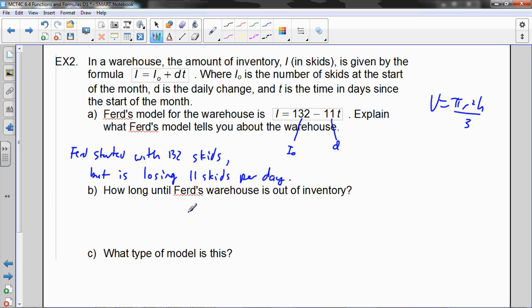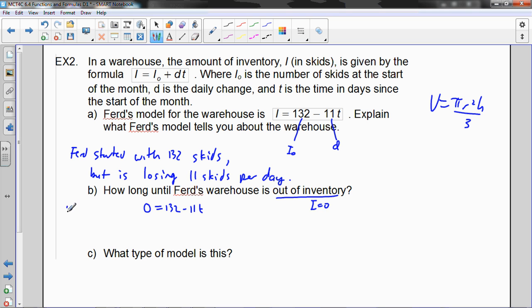How long until Ferd's warehouse is out of inventory? Out of inventory means I equals 0. No inventory. So which of my 2 techniques did I just use? Well, I substituted, right? I didn't solve for t first, I substituted and solved.